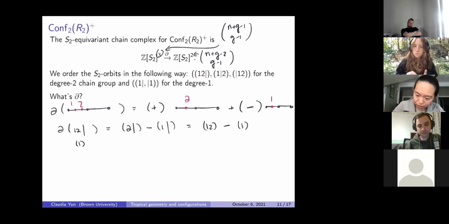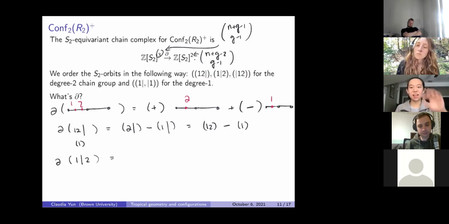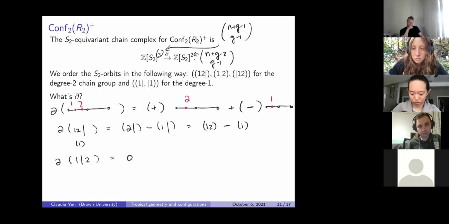And similarly, if we are looking at del of 1 bar 2, then that's going to be sliding 1 to the left, minus sliding 1 to the right, but those are the same thing, plus sliding 2 to the left, minus sliding 2 to the right. And so we're going to get 0.